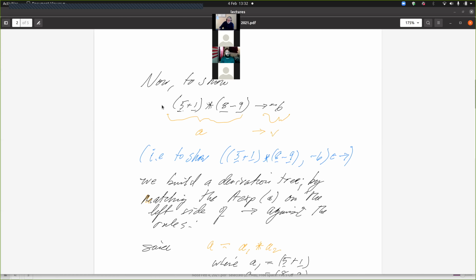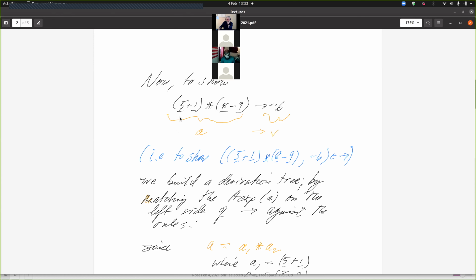So now if we want to build a derivation tree, and we'd like to show that, for example, now, I mean, you can do it in your head, but once things get more complicated, the derivation trees are going to be useful. We remember that our rules are of the form A expression, arrow, integer.